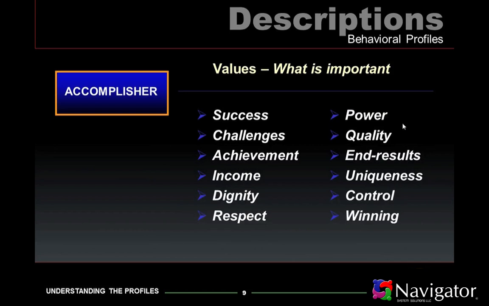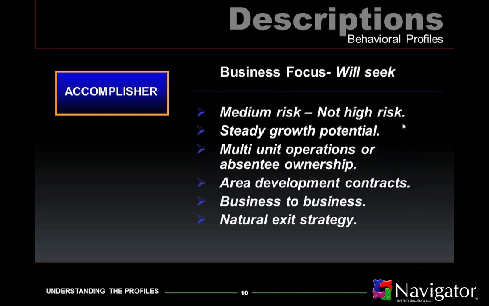So remember, what differentiates the navigator from all the other personality profiles is values. So when you're communicating with somebody that's a dominant accomplisher, words like success, challenges, achievement, income, dignity, respect, power, quality, end results, uniqueness, control, winning are words that are going to resonate with them.